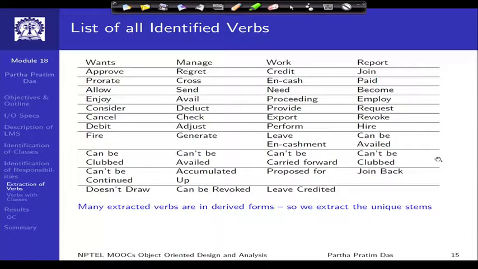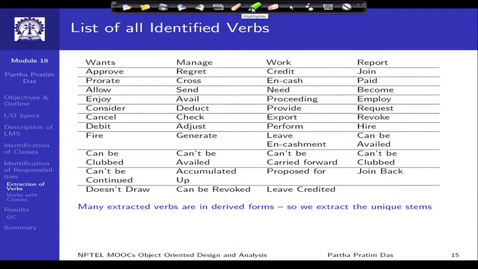So, I hope you have done this exercise of collecting the verbs. This is the list of the verbs identified from the LMS specification. Again, I would never claim this to be an exhaustive list. You may be able to find some more verbs that I have missed out, but this is more or less the kind of verbs that you get.